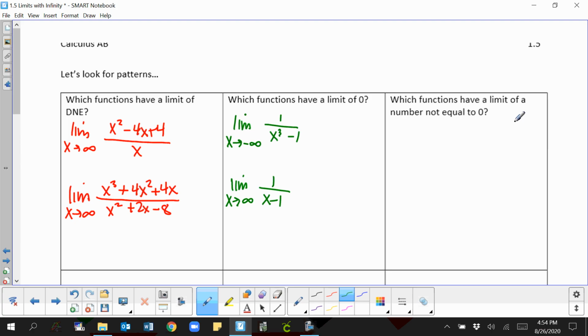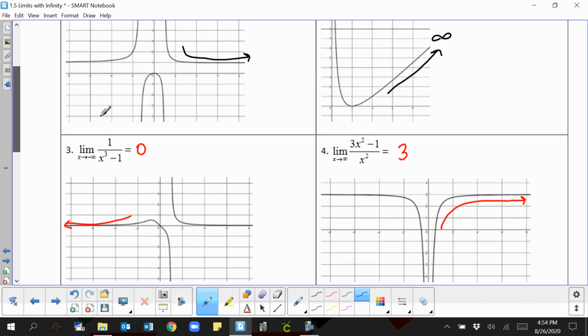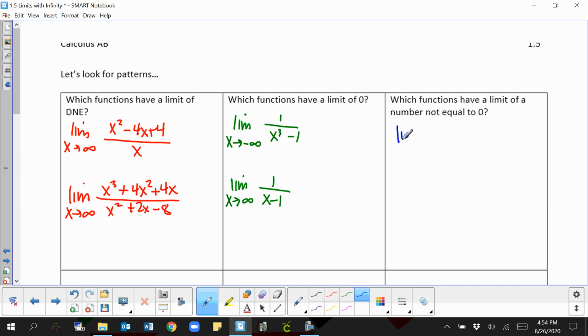And then the last one says what function has a limit of a number not equal to 0. So that is our example 1 right here. We got a 1. In example 4, we got 3. So that was the limit as x approaches infinity of 3x cubed over 3x cubed plus x squared minus 4x.